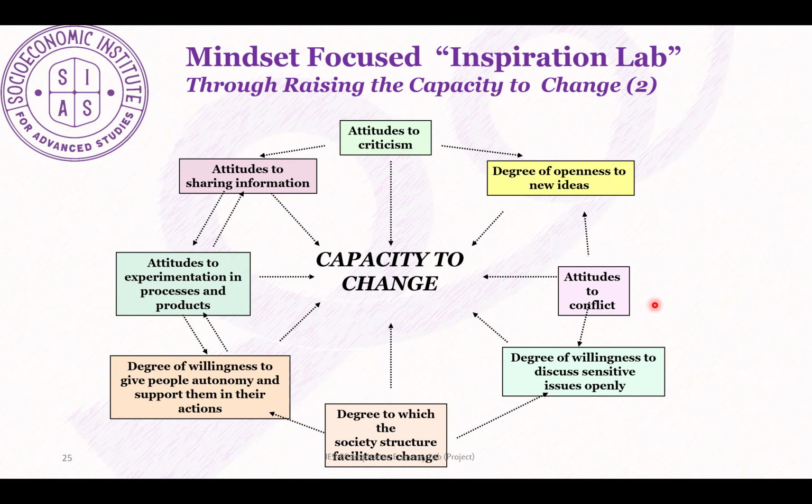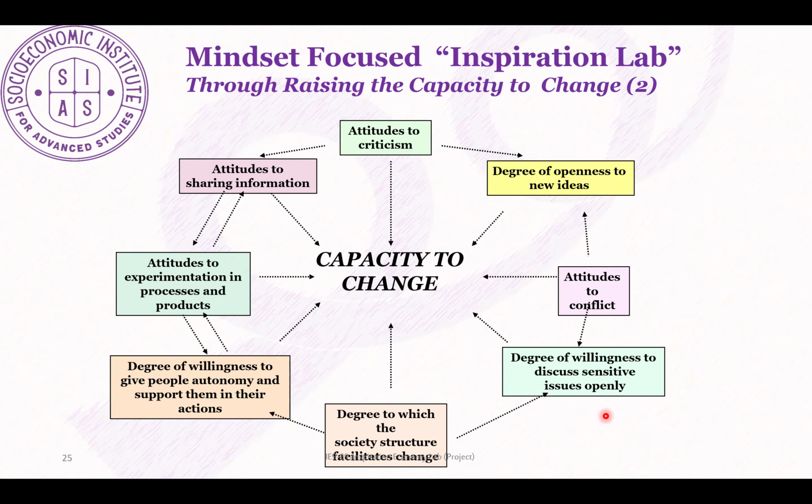where our attitudes will be adapting more criticism or more accepting failures, and we'll have more degree of openness with the ideas. Our attitude with conflict will be different, so we'll be more resilient, we'll build more hardiness. Degree of willingness to discuss sensitive issues openly will be higher.